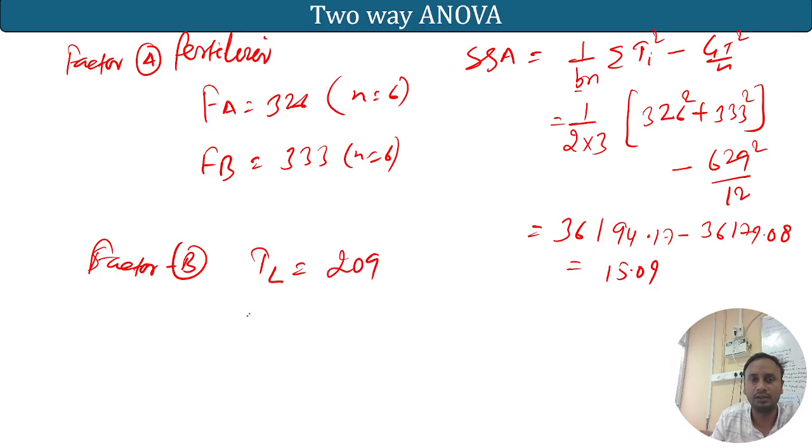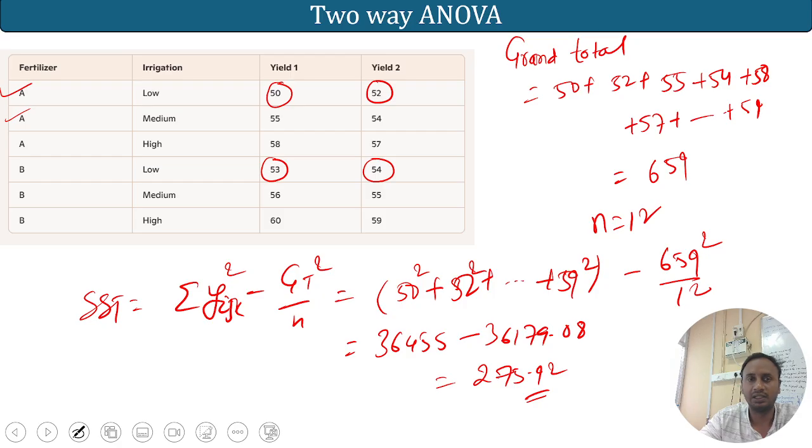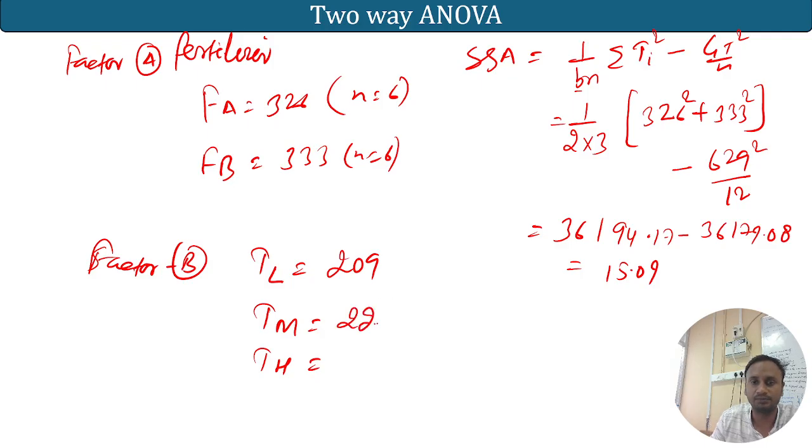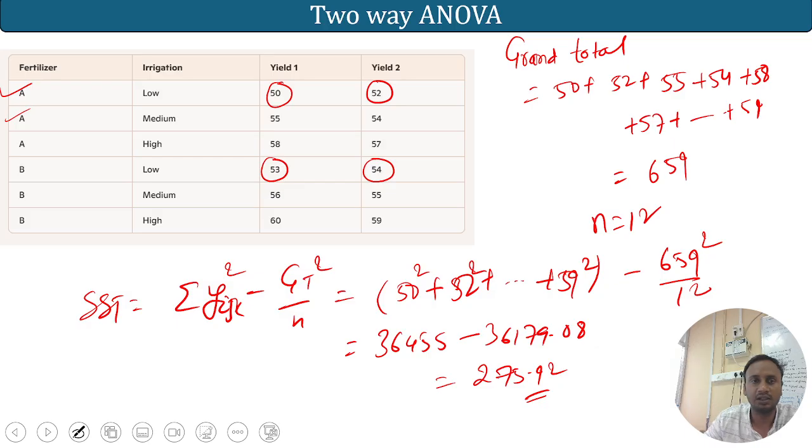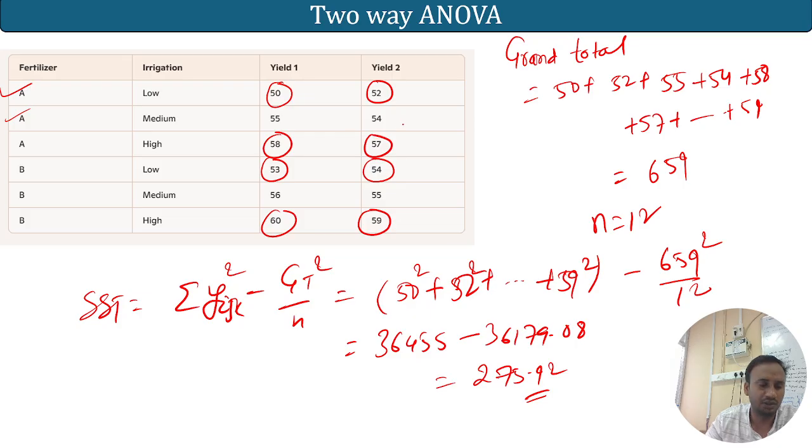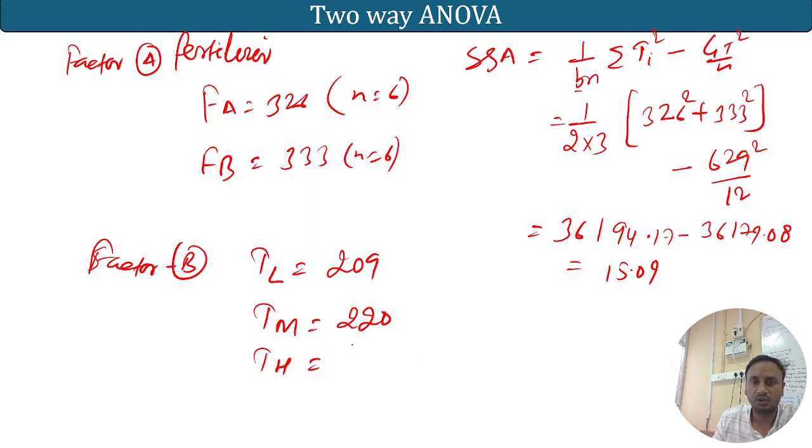Then T medium: 55, 54 and so on, it became 220. T high: 60, 59, 58, 57, total will come to 230.